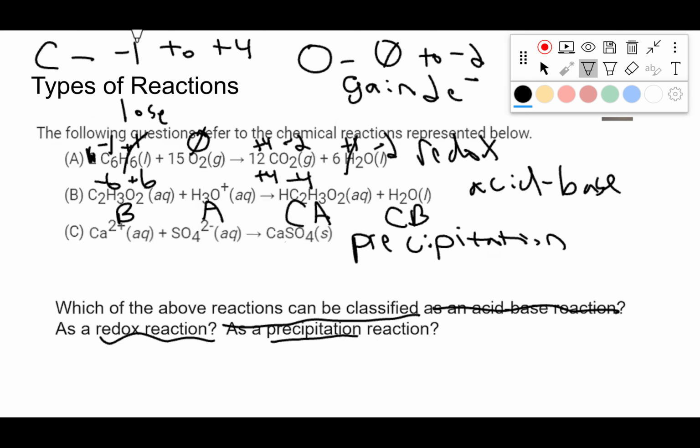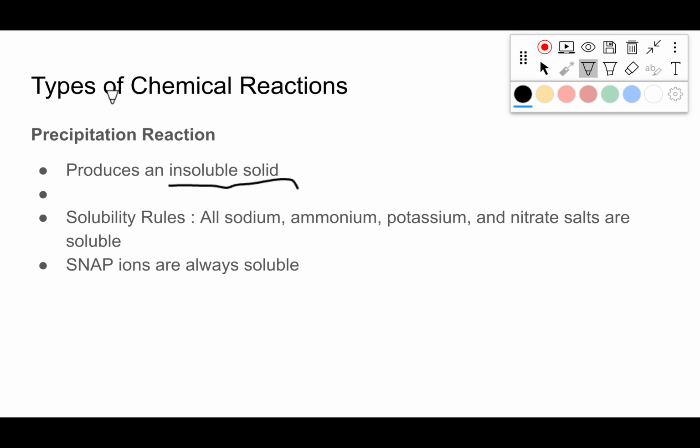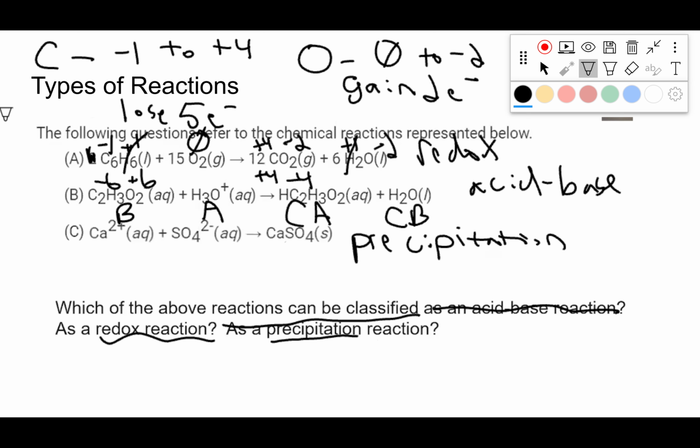It lost 1 electron here, and then it kept losing 4 more. So it actually lost 5 electrons. So then we have to go back to OIL RIG. OIL, oxidation involves loss of electrons. So this one lost, so this one went through oxidation. RIG, reduction involves gain. This gained 2 electrons, so this one went through reduction.